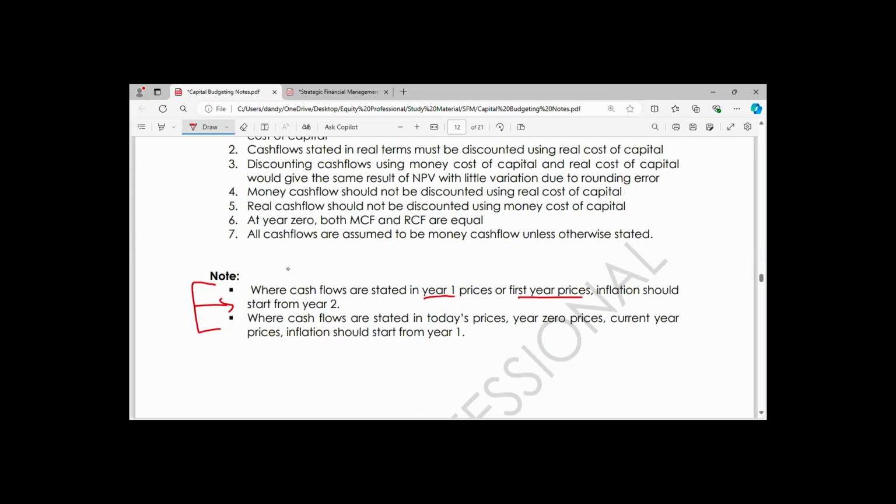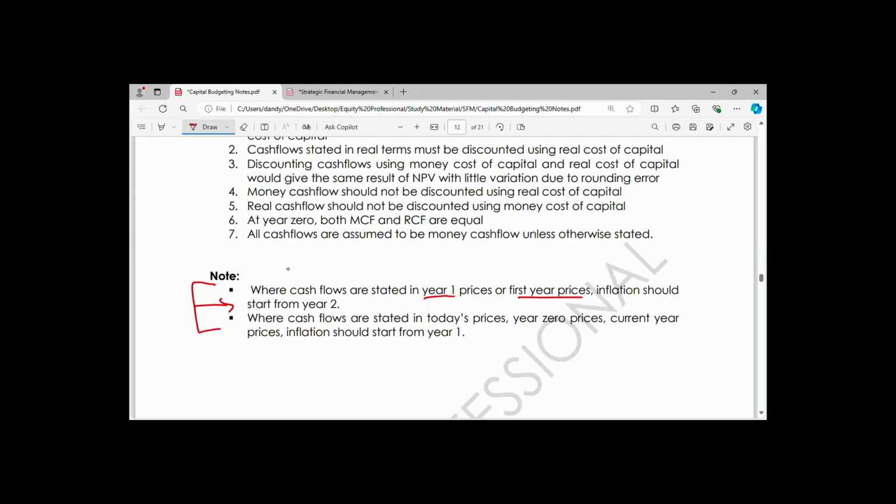Now, if you are told in a question that the cash flow is stated in today's prices, year zero prices, or current value terms, then inflation should start from year one. At times, the examiner can tell you that selling price in current value terms equals 2,000 naira.